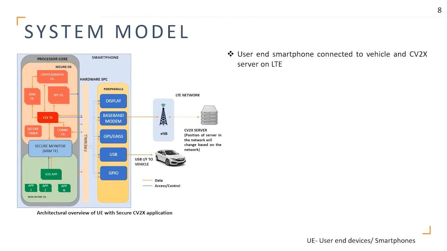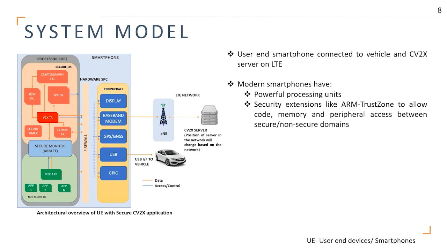Starting off with the user end devices or smartphones, we have the smartphones connected to the vehicle on one end and the CV2X server on the other. These smartphones of today are powerful in terms of processing power and contain security extensions like ARM TrustZone that can provide explicit code, memory, and peripheral boundaries between the secure and non-secure domain.